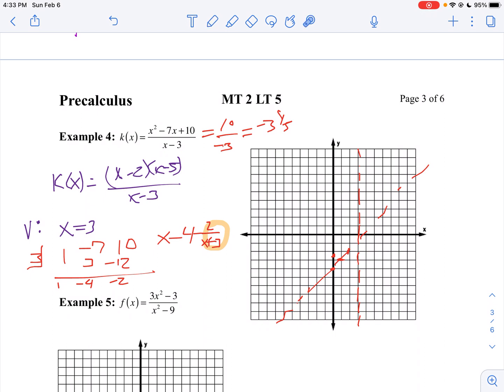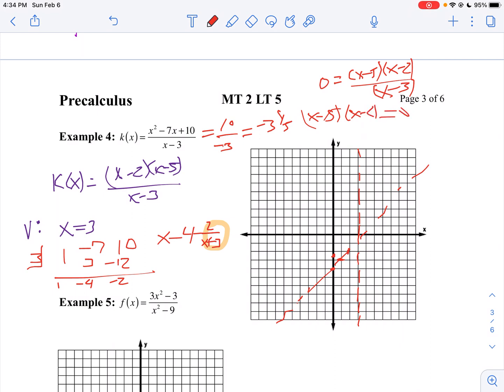Now my x-intercept occurs when f of x, or k of x, is 0. In other words, 0 equals x minus 5 times x minus 2 all over x minus 3. If I multiply both sides by x minus 3, we have x minus 5 times x minus 2 equals 0.